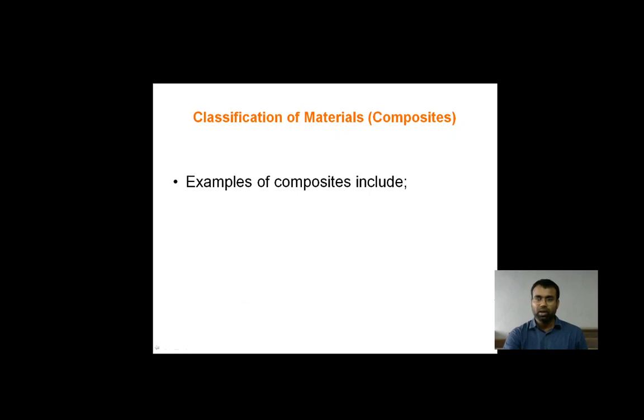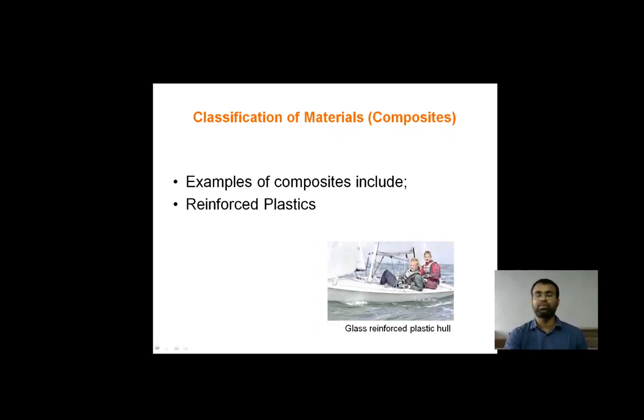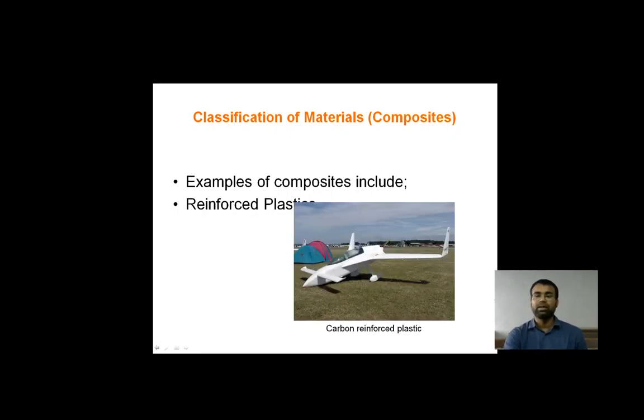Now, the various examples of composites include the reinforced plastics. There is the glass reinforced plastic hull. This is the carbon reinforced plastic. The carbon provides hardness and strength to that material, and since it is plastic, it is lighter in weight.